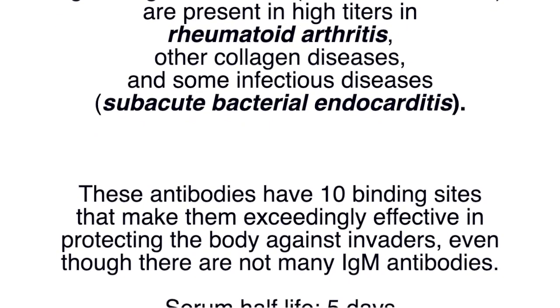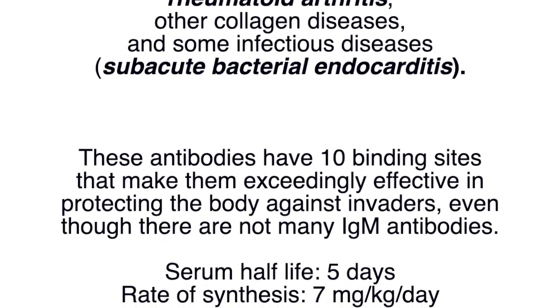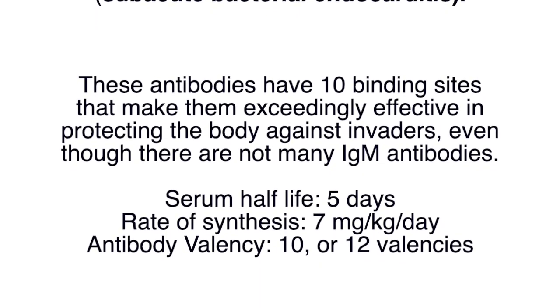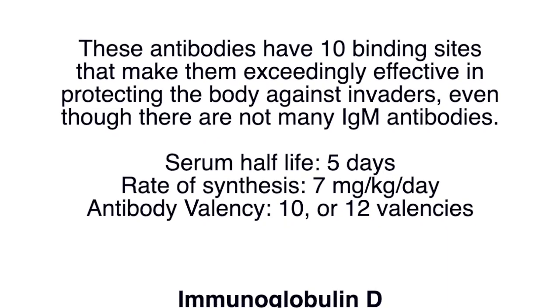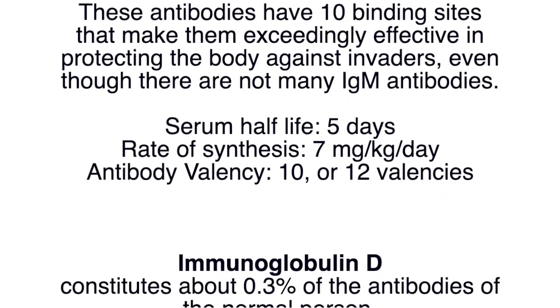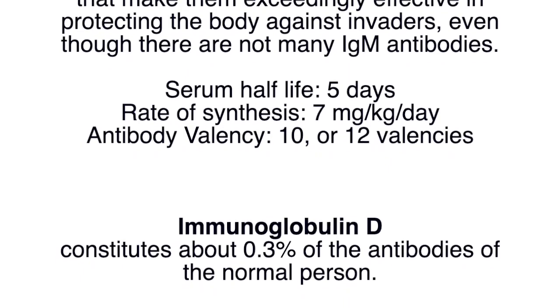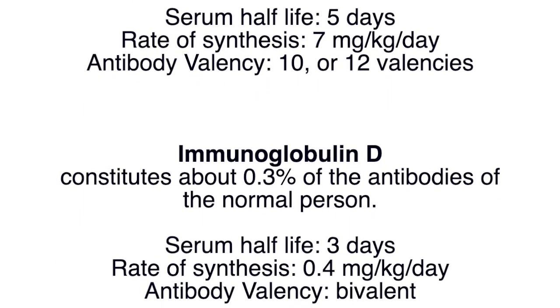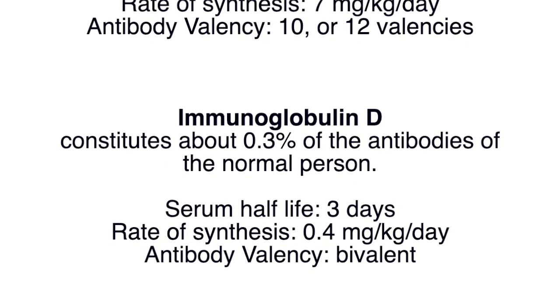These antibodies have 10 binding sites that make them exceedingly effective in protecting the body against invaders, even though there are not many IgM antibodies. Serum half-life 5 days, rate of synthesis 7 mg per kilogram per day, antibody valency 10 or 12 valencies.